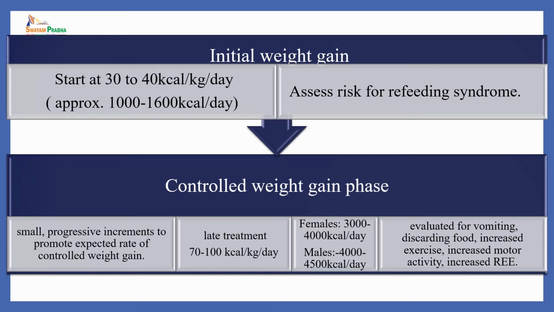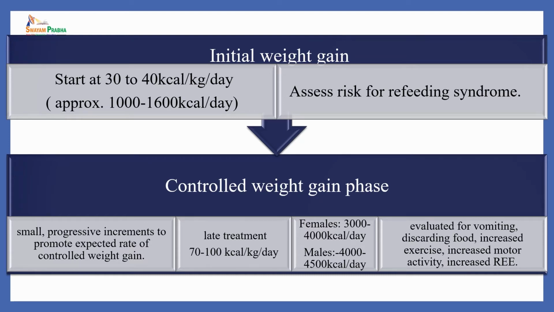After that, the food intake can be increased, and this will start with a controlled weight gain phase. Here we go for small progressive increments in the food to promote the expected rate of controlled weight gain. It has to be increased as quickly as the level of supervision and support will allow.